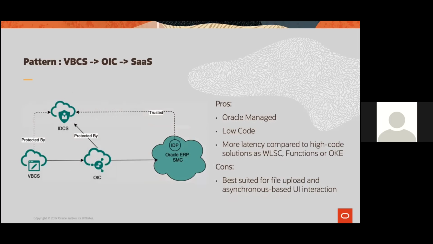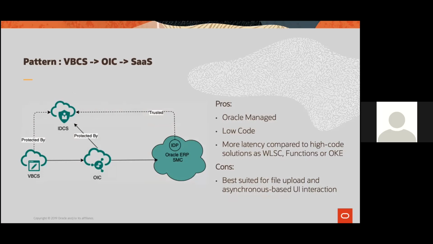So what are the patterns here? One of the common patterns we have seen is you can build applications on VBCS, and for routing, transformation, and fetching data, you can use OIC, and OIC in turn would call ERP and SCM. The pros are that OIC is Oracle managed and low code, but the approach seems to have a little bit higher latency.